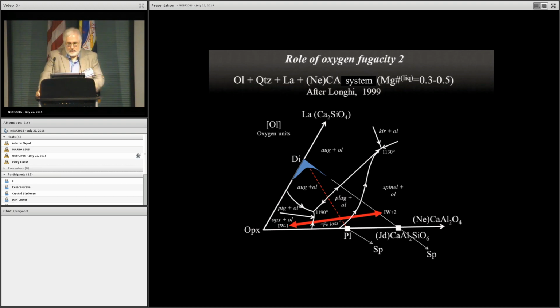What you see here is a projection on a surface of the system olivine, quartz, calcium nepheline. This is a slice where along this axis here, the larnite is up in this part of the ternary, orthopyroxene is here, the calcium nepheline component is along this line, so we're only looking at a small part of that triangle.